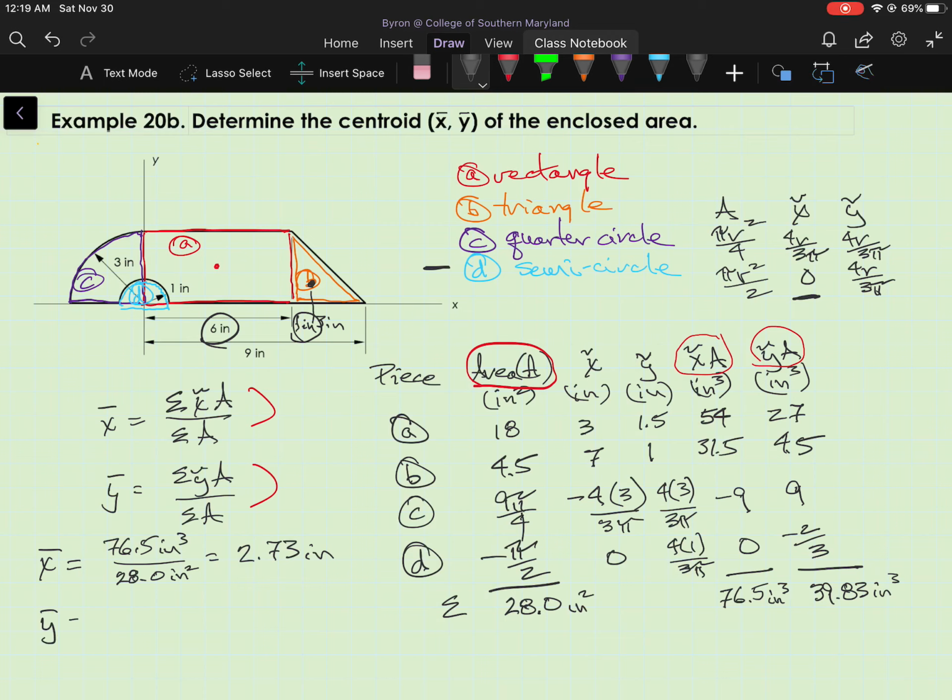Y bar equals the summation of the y tilde A column, which is 39.83 inches cubed, divided by the area, which is going to be the same as it was for the x bar equation. And you do that math and you get 1.42 inches.